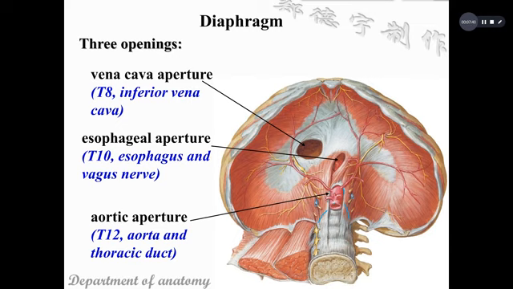It is at about the level of T10, corresponding to the 10th thoracic vertebra. Another one, to the right of the esophageal hiatus, is named the vena cava foramen, located in the central tendon at about the level of T8. The inferior vena cava passes through this foramen.